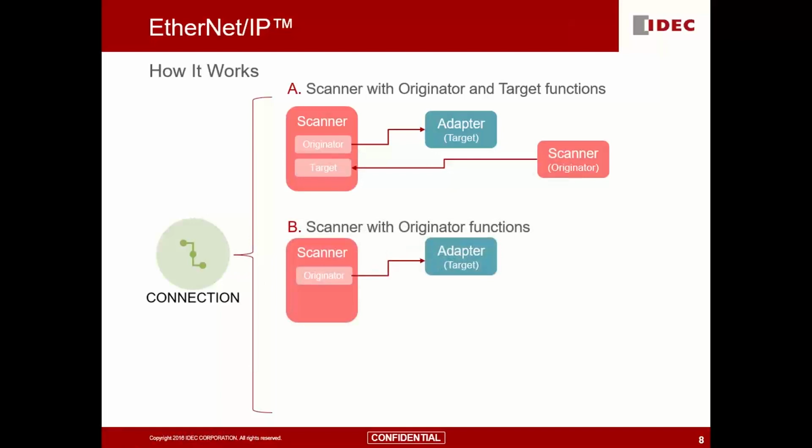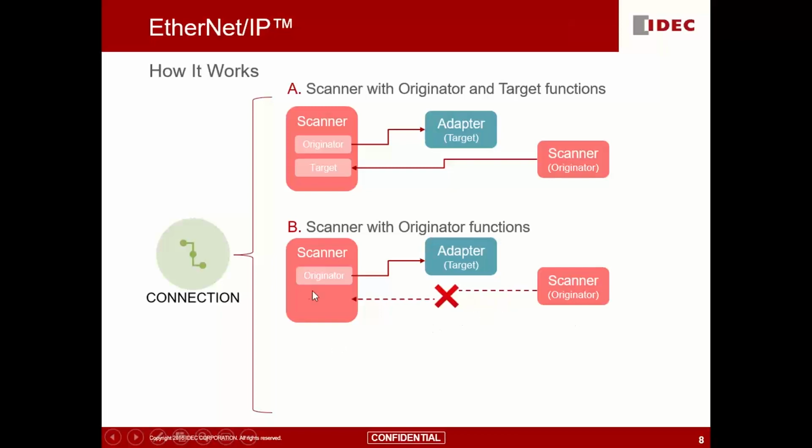The next scenario right here is that let's assume your scanner device only has originator function. If this scanner device only has originator function, of course it can make a connection to an adapter device, but it cannot make a connection to another scanner device with originator function.